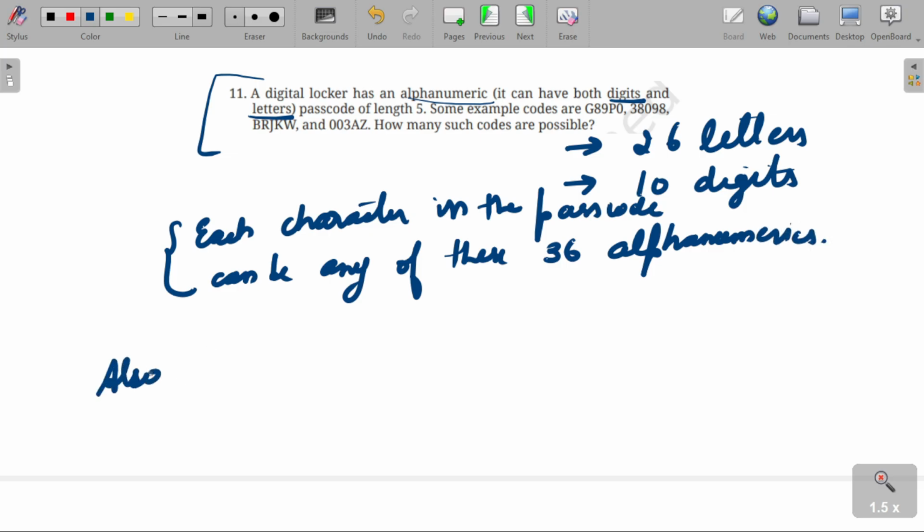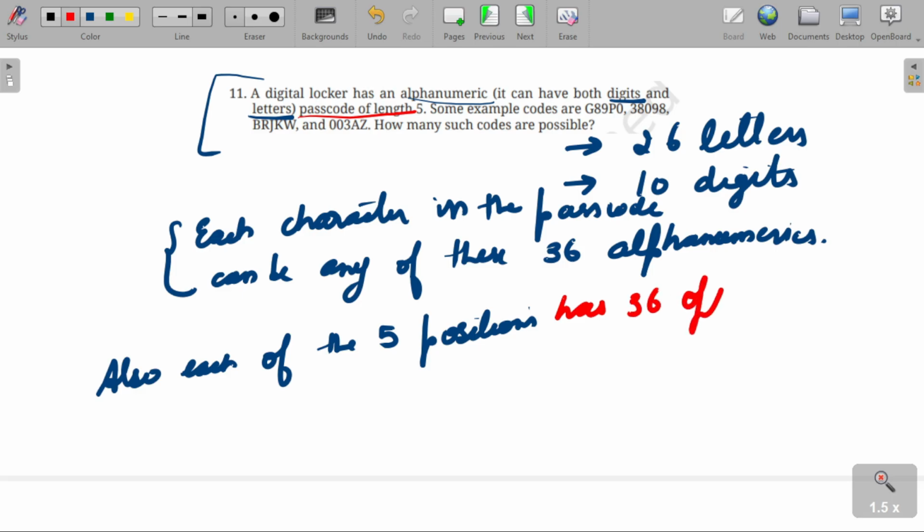Also, there are 5 positions. Why 5 positions? Because in the question the passcode should be of length 5. Each of the 5 positions has 36 options. So the total codes will be 36 raised to 5.